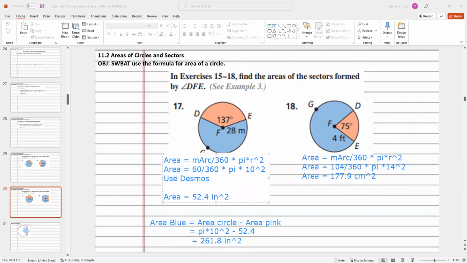Here, just changing the 60 to a 137. That's the degrees, divided by 360 times pi times our radius here is 28.